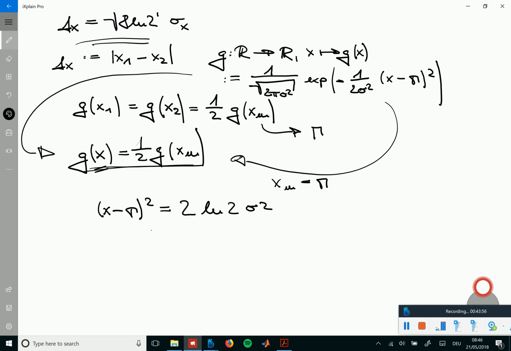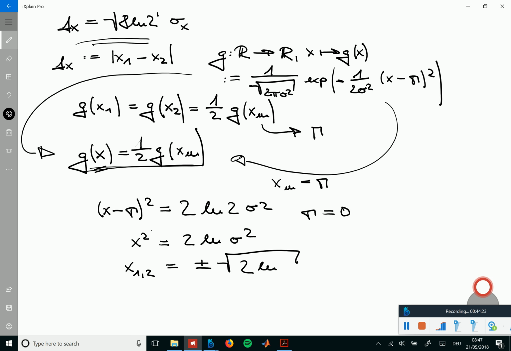And then we make the additional assumption that mu equals 0. And then we are led to x square equals 2 ln 2 sigma square, and then of course we get two values, x1 and x2, which are given by plus minus square root of 2 ln 2 sigma, where we already took the square root of sigma square.